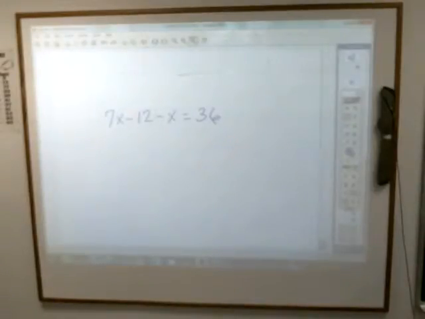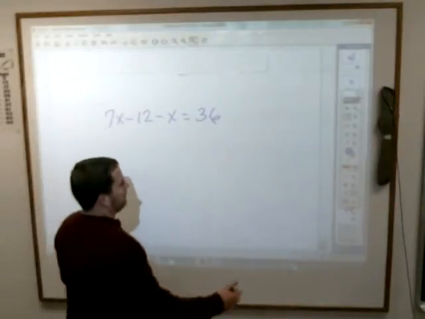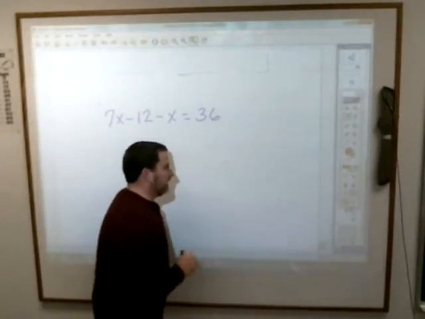And again, please, the more work you show, the better off you'll be. Don't skip any steps. You'll just find it costs you in the end. 7x minus 12 minus x. You'll always start by writing the problem down exactly as it is in the book.